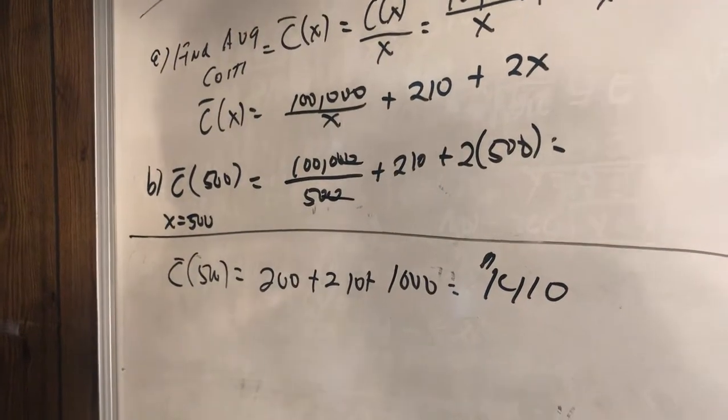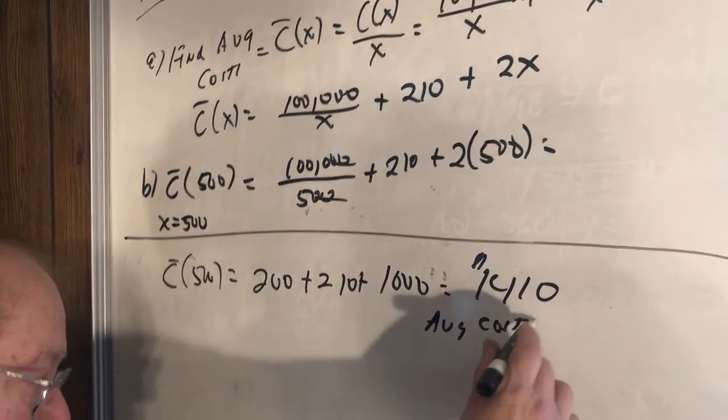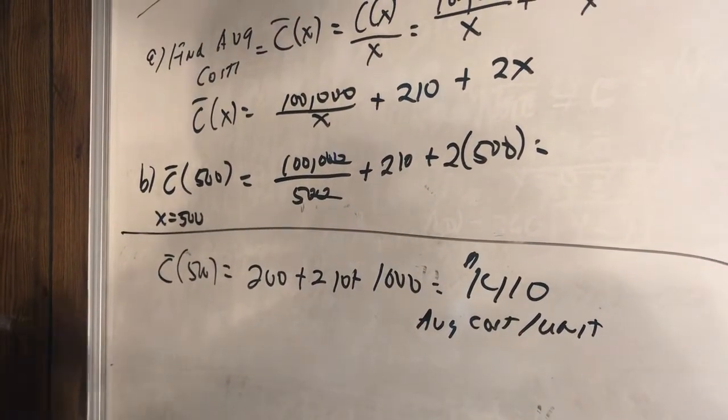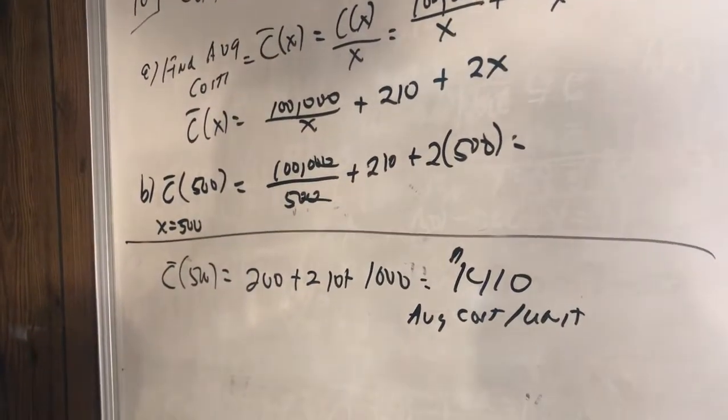That's your average cost per unit. All right. Notice that's what average cost is: your total cost over x.